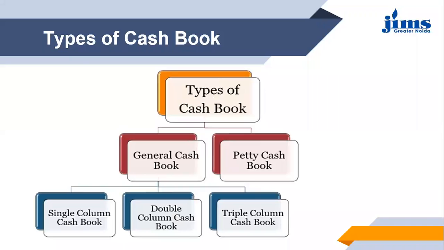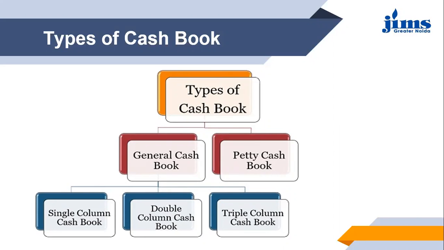The general cash book gives you the record of all the cash transactions, and the petty cash book is basically prepared when a business, on a daily, fortnightly, quarterly or monthly basis, has to record very minor cash expenses. Daily recurring very minor cash expenses are recorded there. Otherwise, all the cash related transactions are recorded in the general cash book.